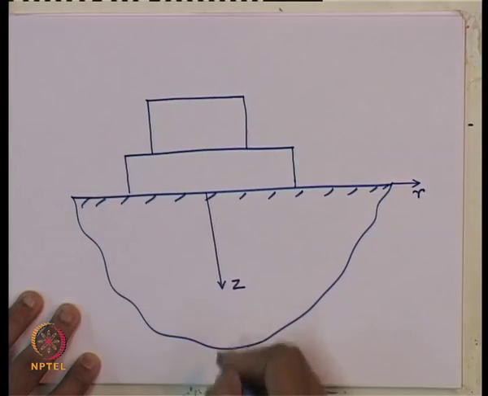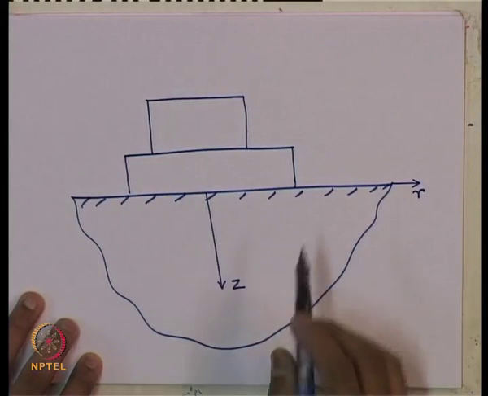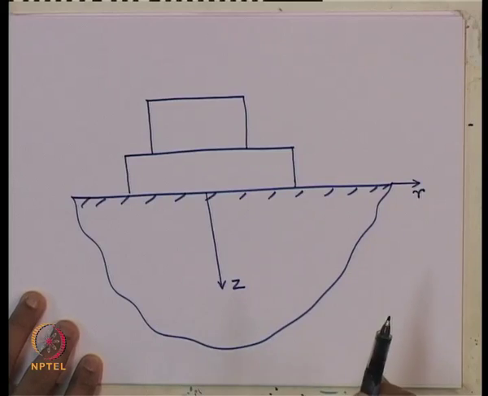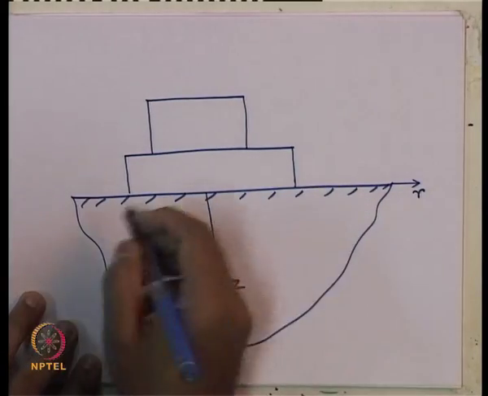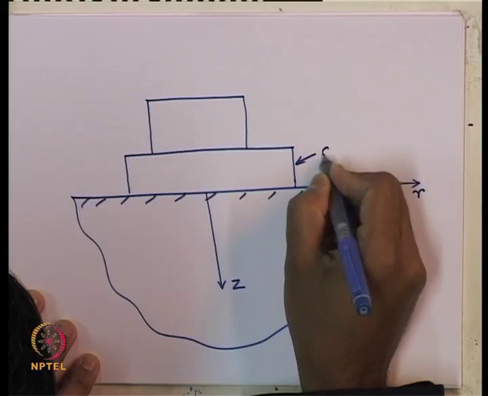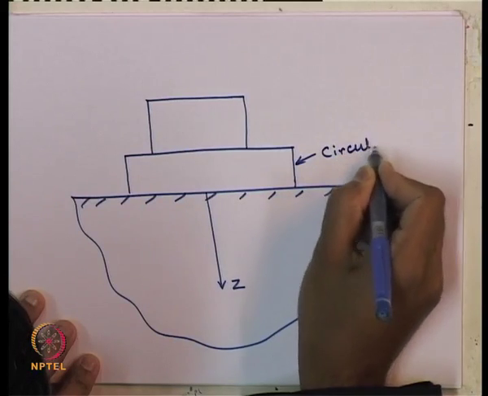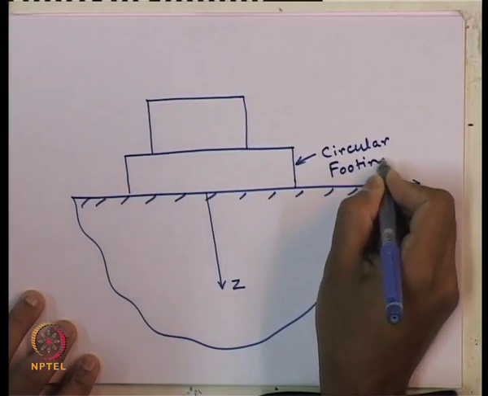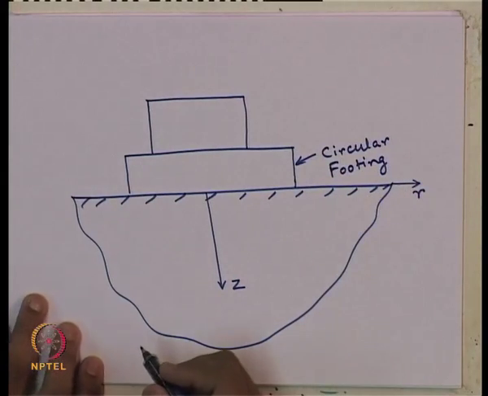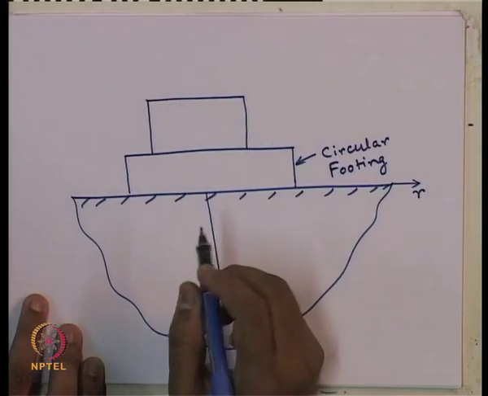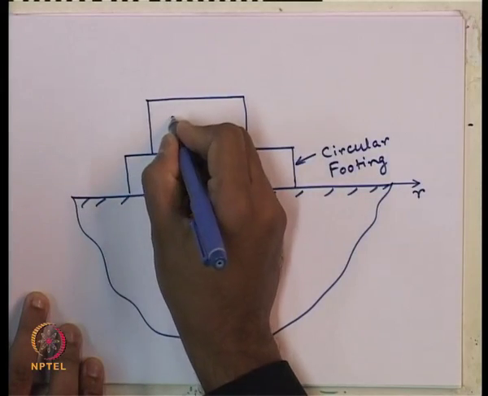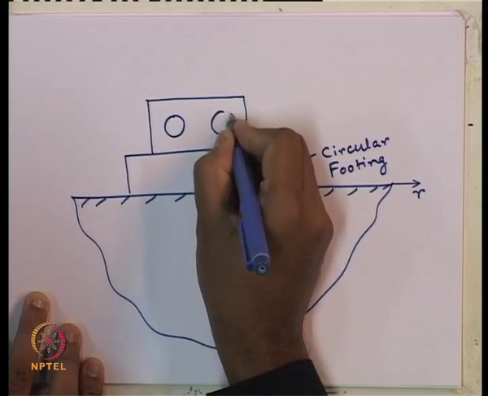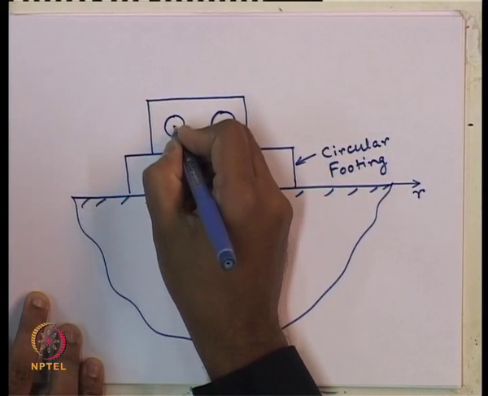So, this is depth wise z axis, this is radial distance wise r axis. For a circular footing, so this is the circular footing that was considered in the Lysmer model, and say this is the machine with rotating mass type excitation.